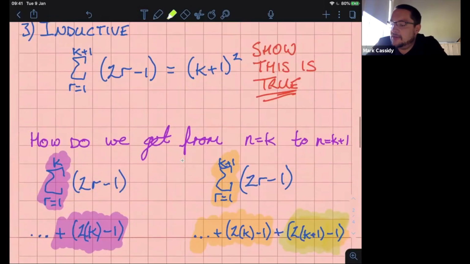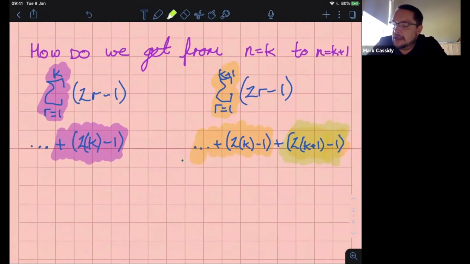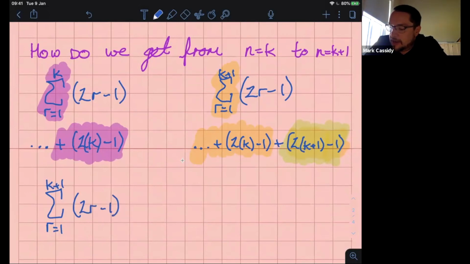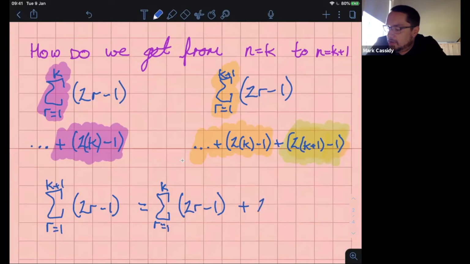Okay. So we can say then that the sum from r equals 1 to k plus 1 of 2r take away 1 is equal to the sum from r equals 1 to k of 2r take away 1, and we just need to add on 2(k plus 1) minus 1.